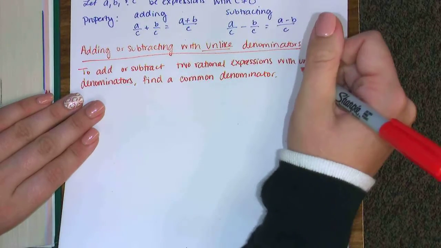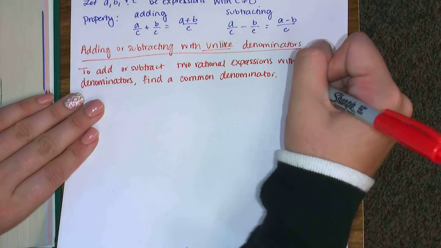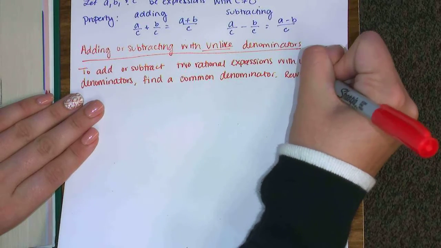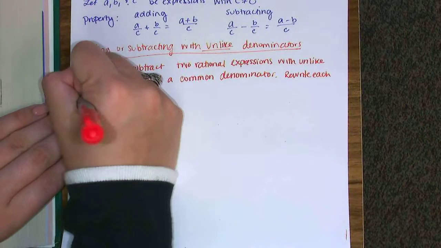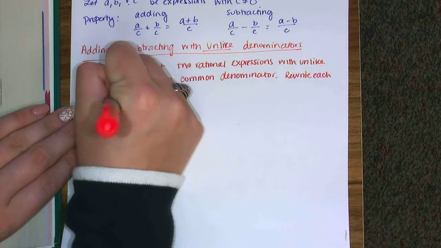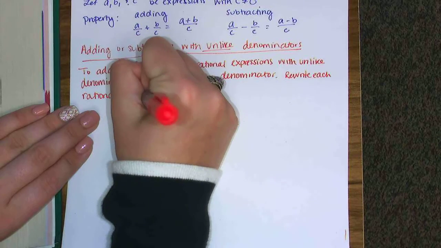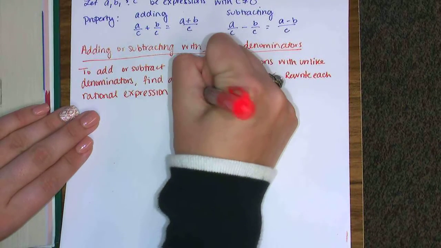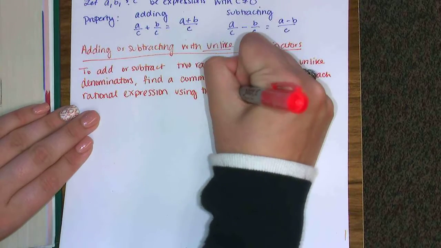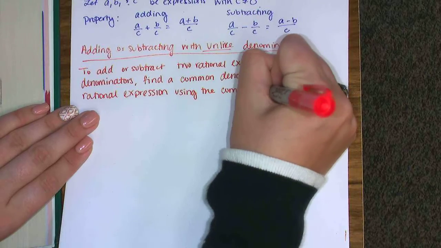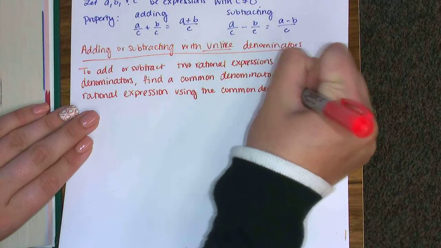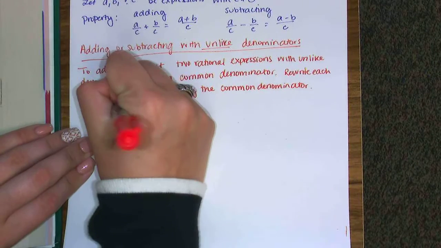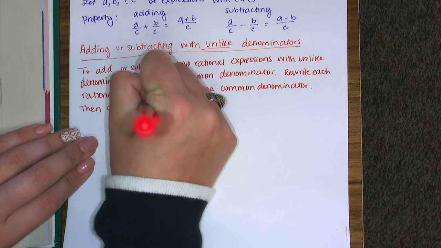And I'll show you how to do that with these expressions in a minute. Rewrite each rational expression using the common denominator, then add or subtract.